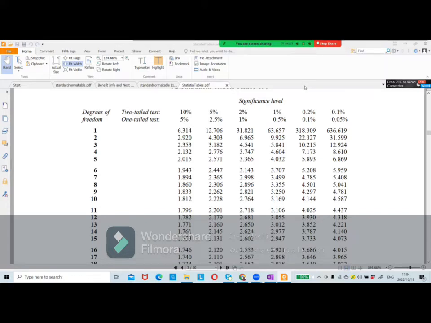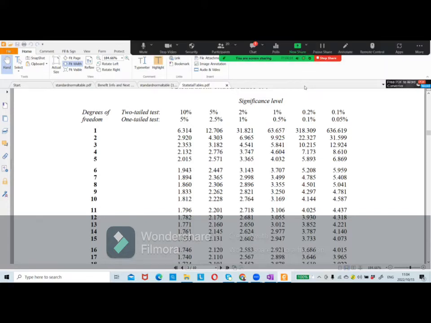So what is it? 2.262. Where did you get that one? It's not from my table. Look at it very well. 4.781. Where do you get all those big values?